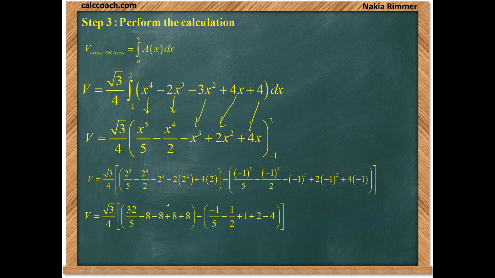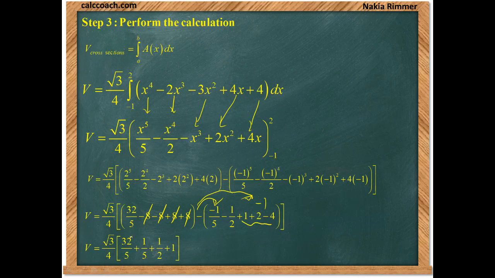Alright, great. All these 8's cancel out. The two negative 8's cancel with the two positive 8's. So you're looking at 32 over 5. Apply the negative. Be careful, that's where a mistake could happen. Plus the 1 over 5, plus the 1 over 2. This is a negative 1, but apply the negative to it, it becomes positive 1.